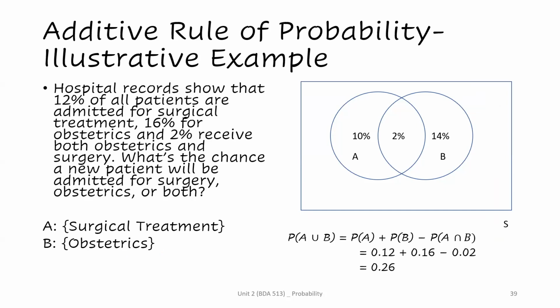Those who are admitted for obstetrics is 34%. People who do both obstetrics and surgical is 8%. I want you to calculate the probability of A union B.